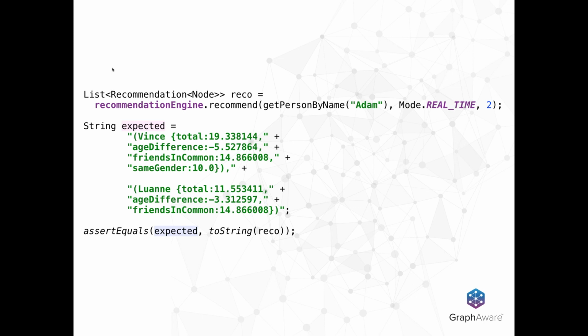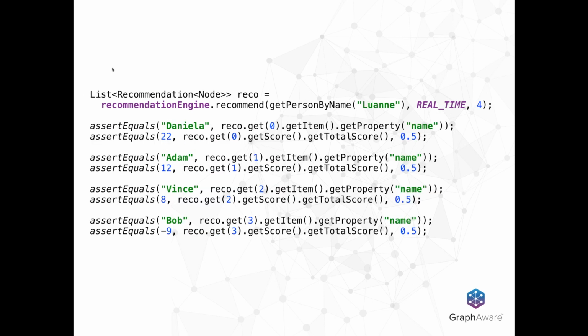And what we get back is 2 people, as we asked, and then we also get, if we want, the scores, so the reasons why this recommendation has been served. So for the case of Vince, for example, you can see that the total score is 19 point something. They were penalized for age difference, and they had 14.8 for friends in common, and they were rewarded 10 points for same gender, and so on. This is the output you would see once you've assembled the engine together.